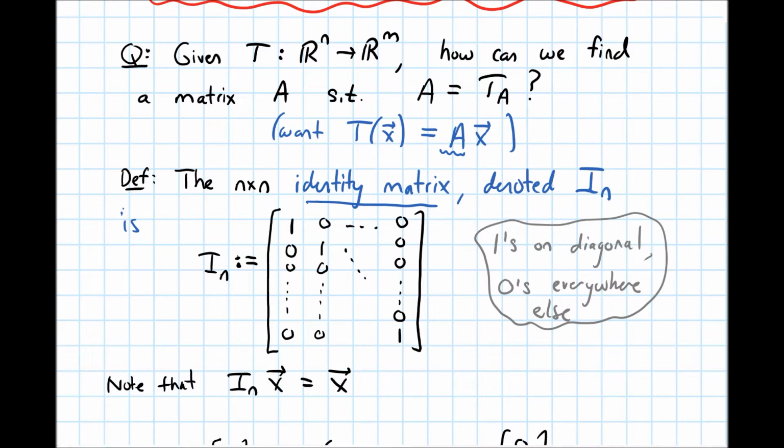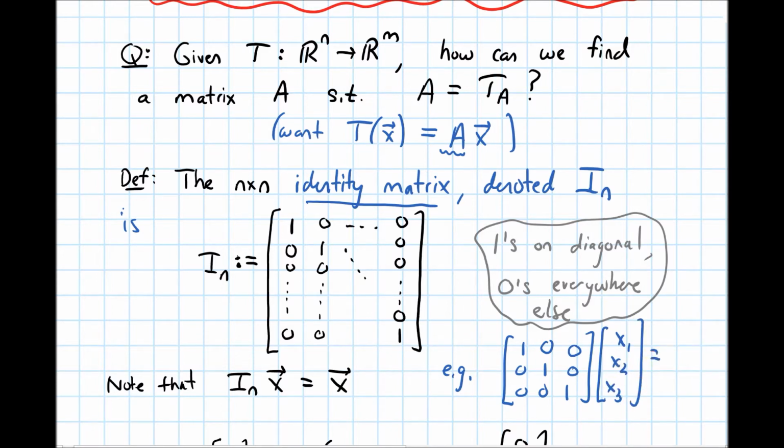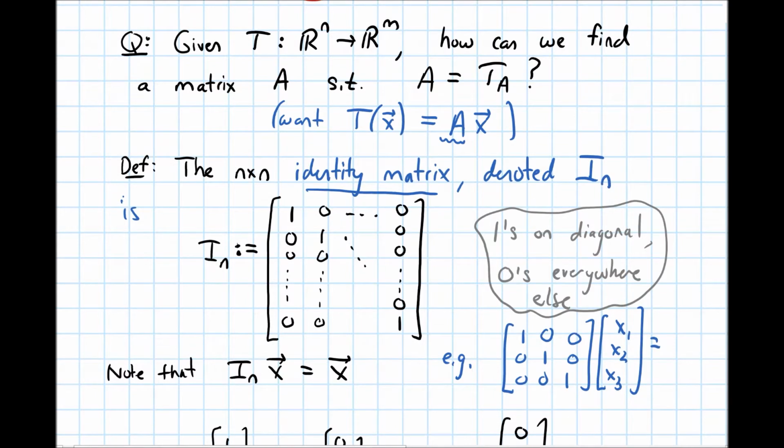To see why, let's look at a simple example. Let's say I had the 3 by 3 identity matrix, with 1s on the diagonal and zeros everywhere else, and let's say I multiply by a vector x1, x2, and x3. Now we're pretty good at multiplying a matrix times a vector. You could check that if we multiply this out, we're going to get x1, x2, x3.